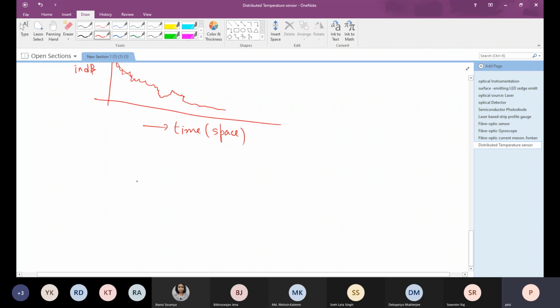So the OFDR is, of course, very similar. The optical system is the same.